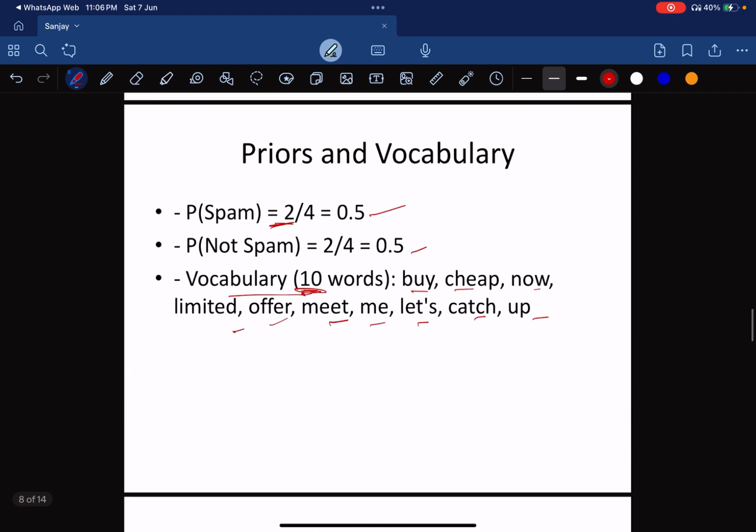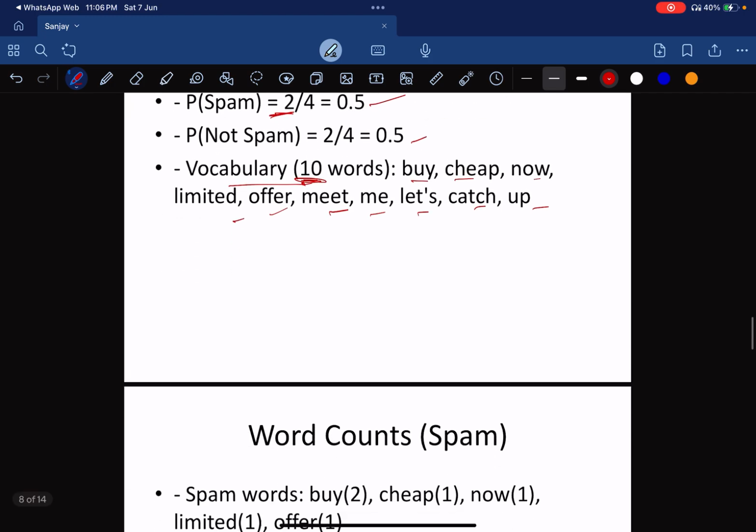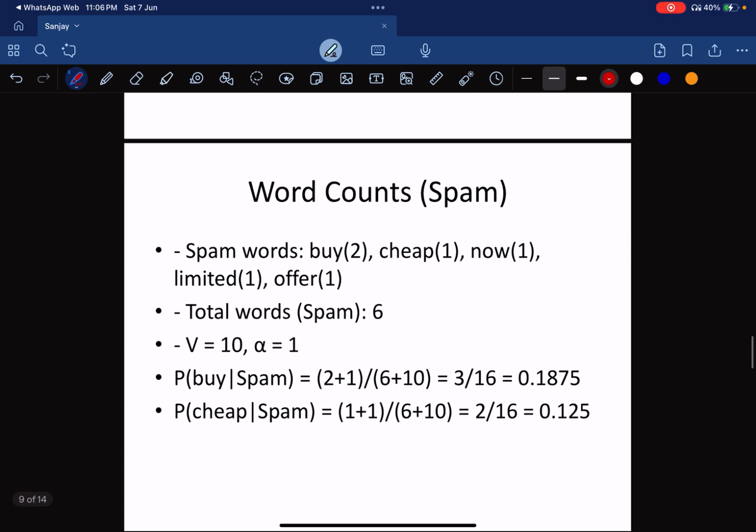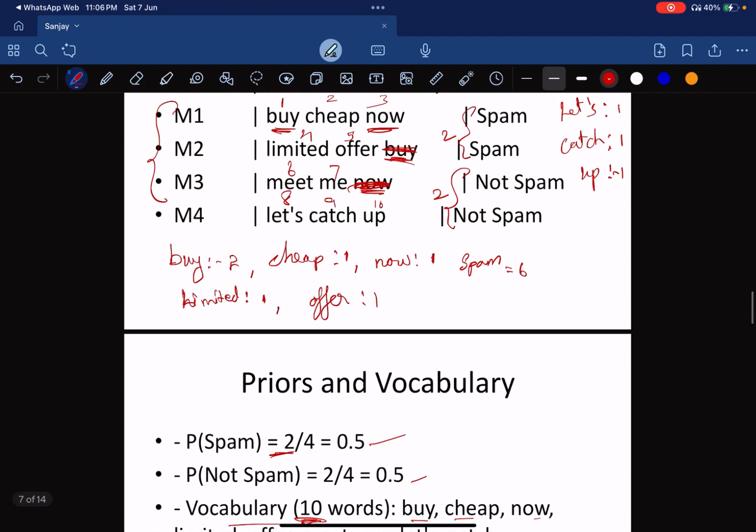During the training process, we find all this. After finding that, we find the frequency of each word in both classes.